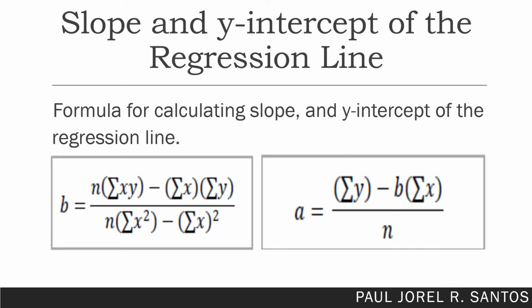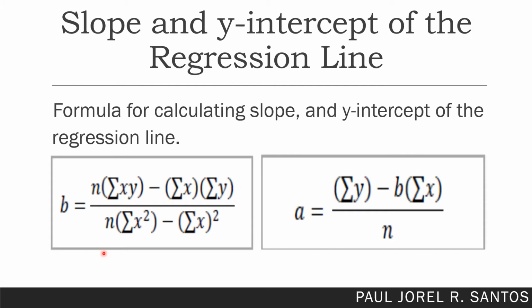Whenever we are given bivariate data and we do not know yet the equation of the regression line, these are some helpful formulas for calculating the slope and y-intercept of the regression line. So b equals the sample size multiplied by the summation of xy minus the product of the summation of x and the summation of y, divided by the sample size multiplied by the summation of x squared minus the square of the summation of x.